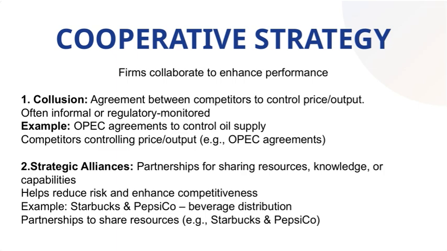Through such partnerships, companies can leverage each other's strengths, expand their reach, and innovate more effectively. Both collusion and strategic alliances are examples of cooperative strategies. They show how firms work together, either informally or formally, to improve their market position and performance. It's all about finding ways to collaborate smartly to stay ahead in a competitive landscape.